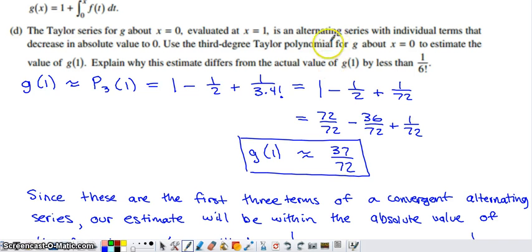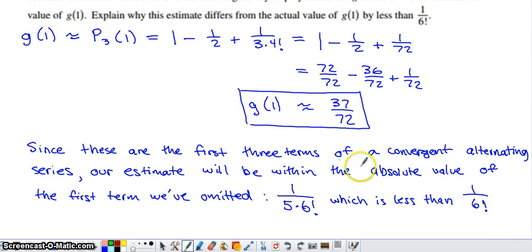Well, the nice thing about them providing this lead-in sentence here, they tell us it's an alternating series, and it's a convergent alternating series. So if you're trying to establish an error bound, rather than using a Lagrange error bound, you can use the error bound from a converging alternating series, which would be you are not going to be further off with this estimate than the first term that was left off of the series.